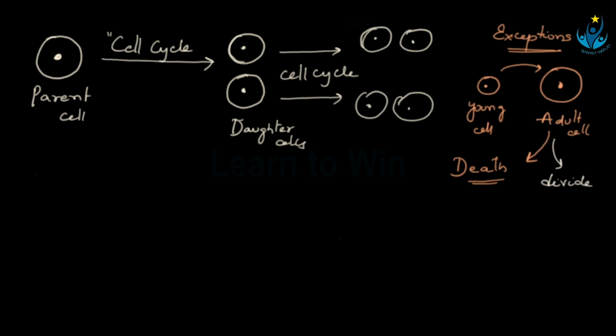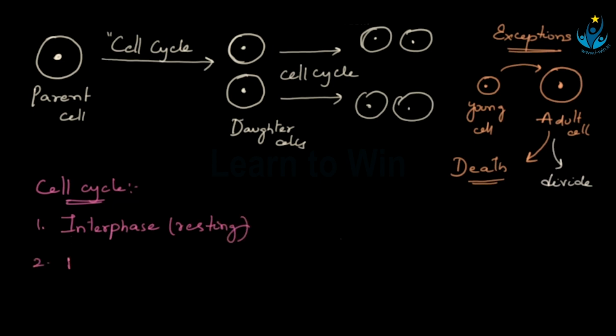Now, each cell cycle broadly is divided into two phases. The first phase is called the interphase or the resting phase, and the second phase is called the M phase, or the division.